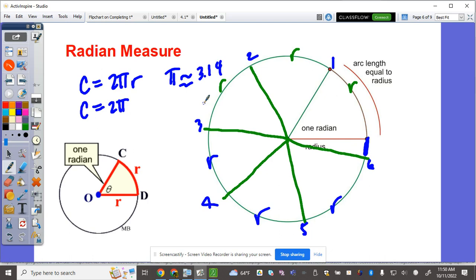If you multiply 3.14 by 2, it gives you 6.28 radians. That's why there is the 0.28. That's a little background and explanation, and we will discuss more about radians in the coming topics.